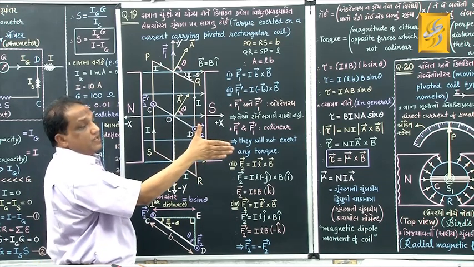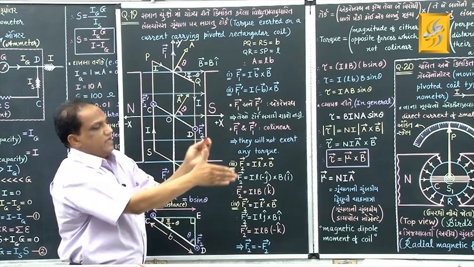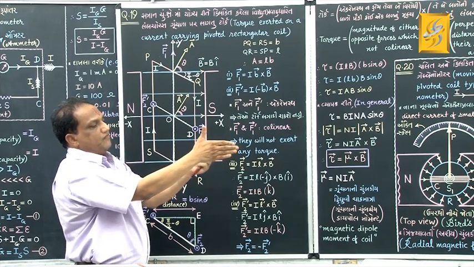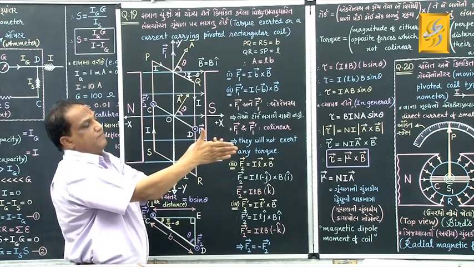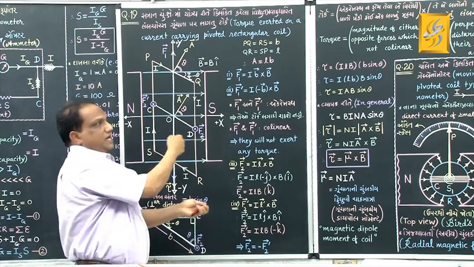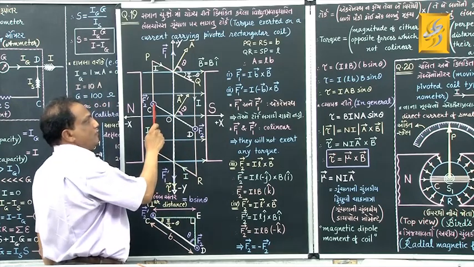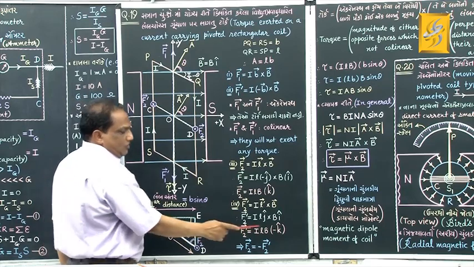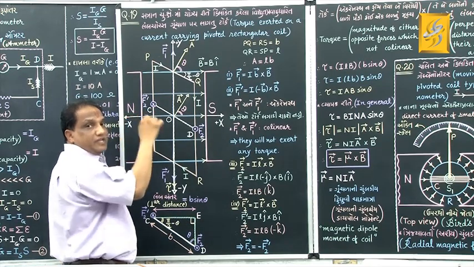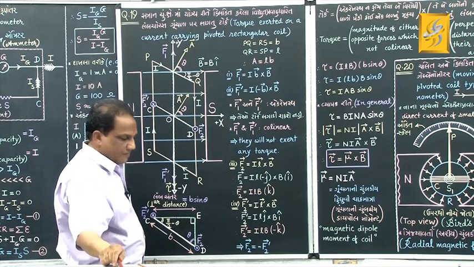Now, whichever direction is coming out of this right hand palm perpendicularly, that direction will go inside the plane of the figure perpendicularly. Inside, that is why I am putting symbol of cross, correct? And that cross indicates inside the plane of the figure perpendicularly, that is along negative z axis. So, unit vector is minus k hat, got it?